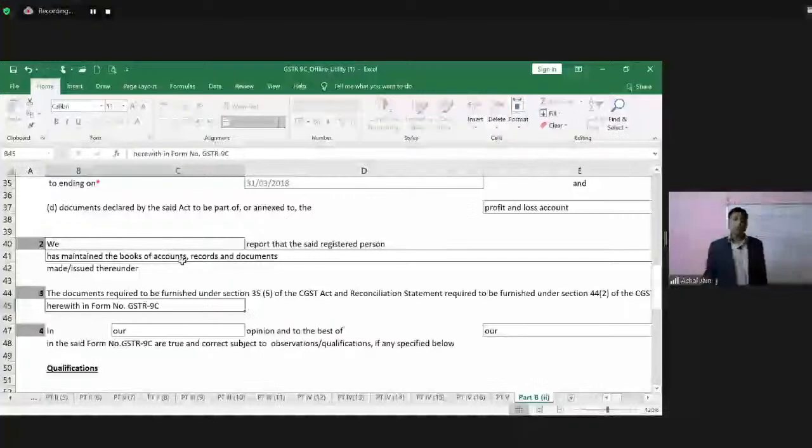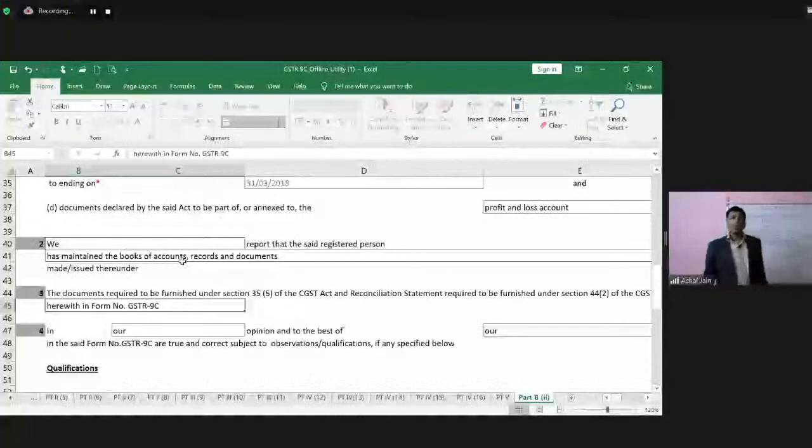So now the GST auditor is saying that whichever documents were required, those have been furnished in this GSTR 9C. So documents are furnished. Whichever was required, those have been captured.